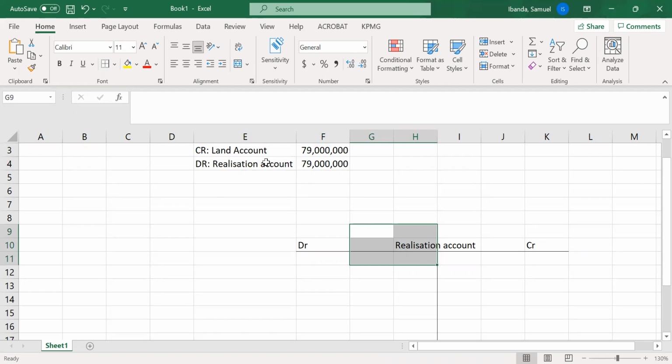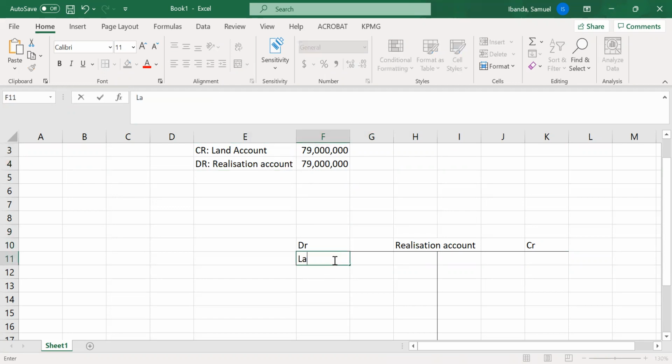So as we credit land, we are debiting the realization account. So you're expected to be able to bring land here in this account and give it a value. In this case, land is 79,000.